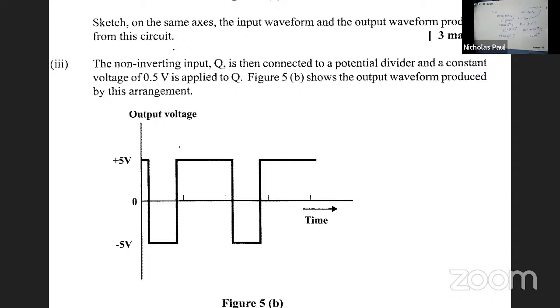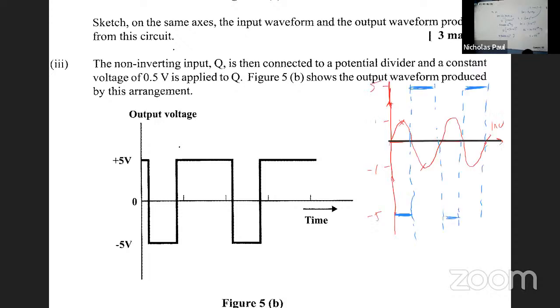The best way to explain it is to do the whole thing again. So you see what I had here? Go back and do that. Move the black line up. The black line will be at 0.5, right?